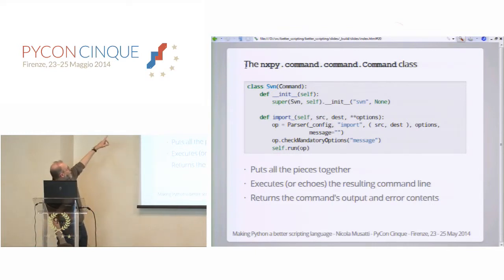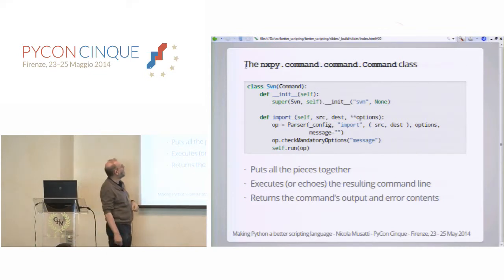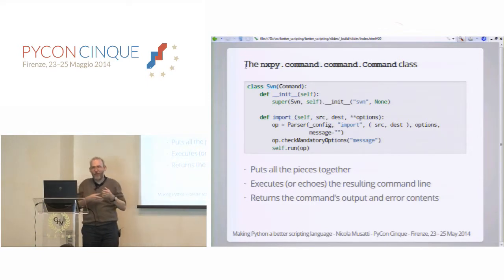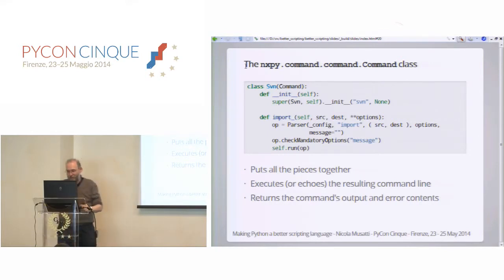And I use a command class that just expects to use a parser class to pick up the information and actually implements the real function call, the command execution actually.